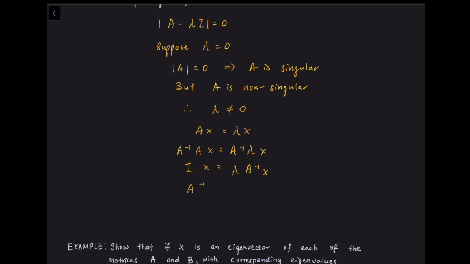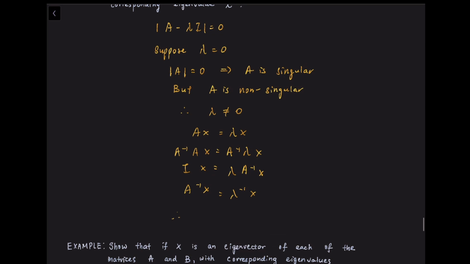Hence, inverse A x equals lambda to the power of negative 1 times x. So the vector x is an eigenvector of the matrix inverse A with the corresponding eigenvalue lambda to the power of negative 1.